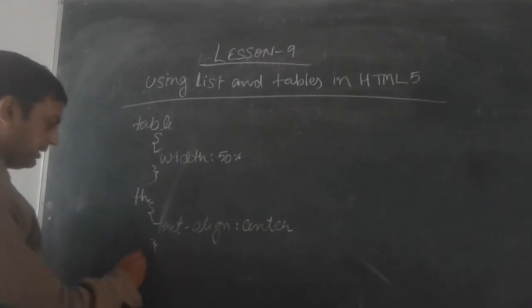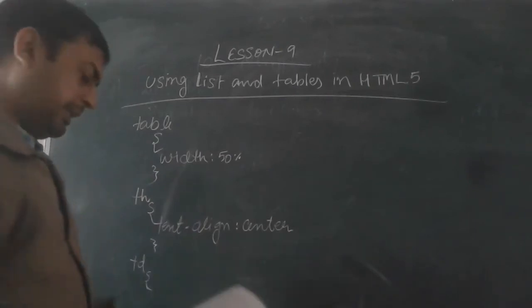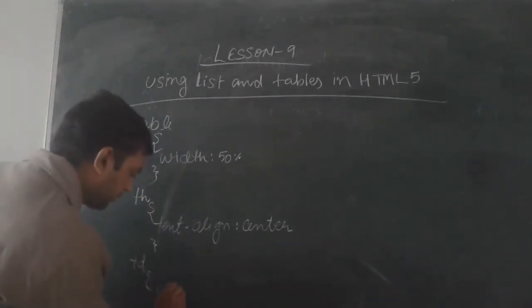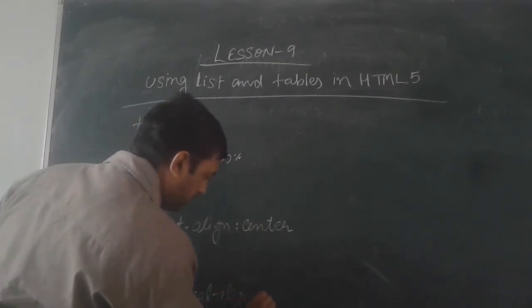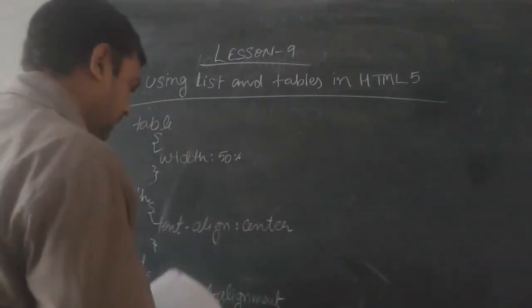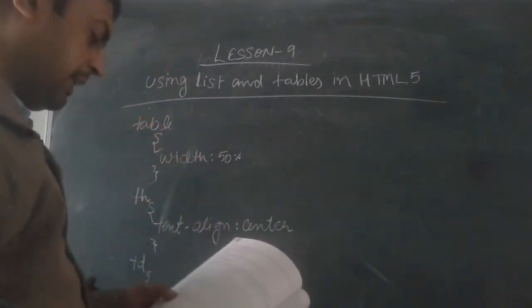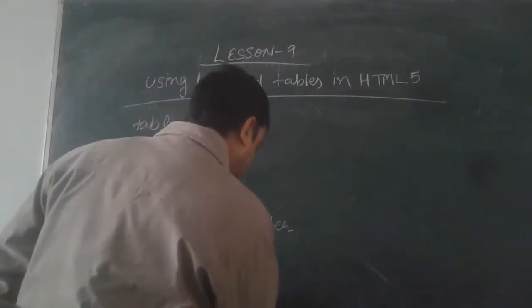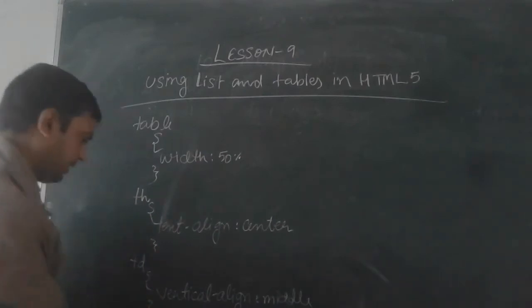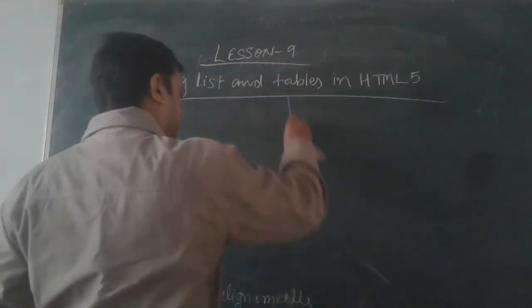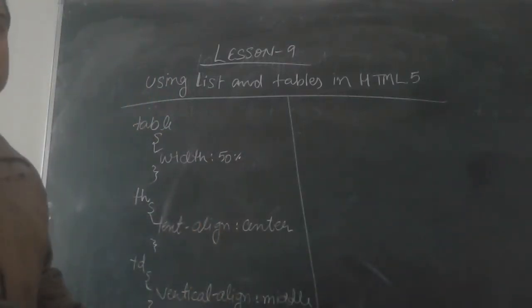Then in TD, if you want to align the values in TD also, then you can give vertical alignment, vertical-align middle. In the same way, you can give some more properties. TR means table row.